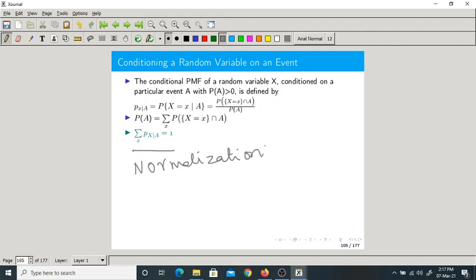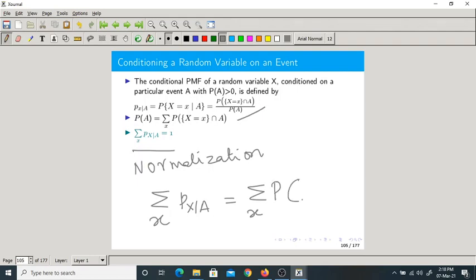Now, how to prove this? Can you prove this? Let me write the summation over x of P of x given A. That equals the summation over x of, what is P of x given A? I have written this formula here, right?